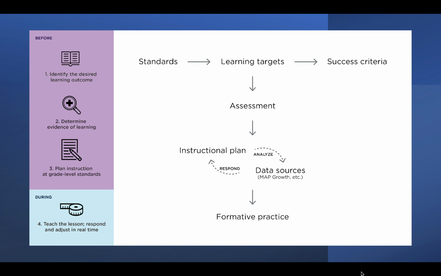Now, you can see the full responsive planning process with each component part. As we established earlier, this approach is designed to ensure strong alignment of standards, instruction, and assessment.